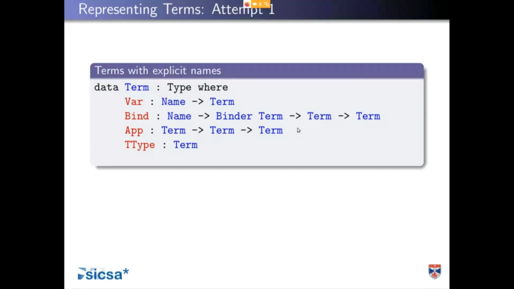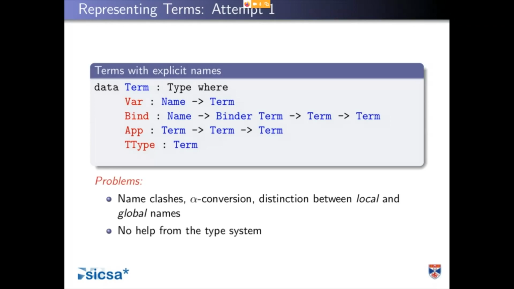I've left erased out. So this is the simple way to do it, but if you've tried implementing a language, or if you were at any of the lectures on representing names earlier in the summer school, you'll know that this is full of problems. So name clashes, certainly. Alpha conversion, so if you're comparing 2 terms for equality, you need to keep track of the names of everything, and any repeated names.